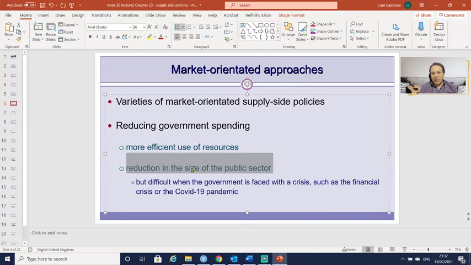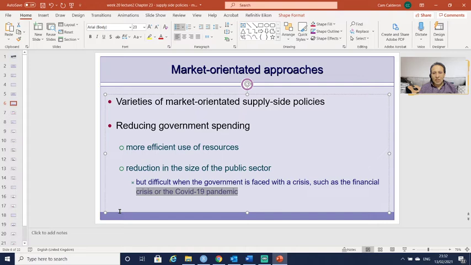This is probably one of the favorites of the Tory party at the moment. I think you have seen how we actually had a huge problem in the NHS because of the lack of nurses. We have problems in terms of public order because we needed more police. But this one is very difficult when we have a crisis such as the COVID-19 crisis.